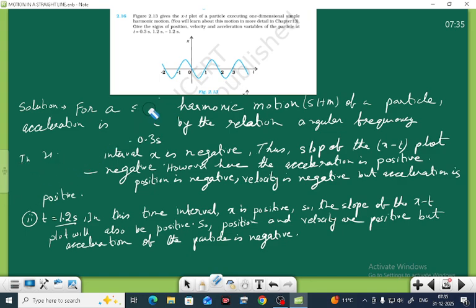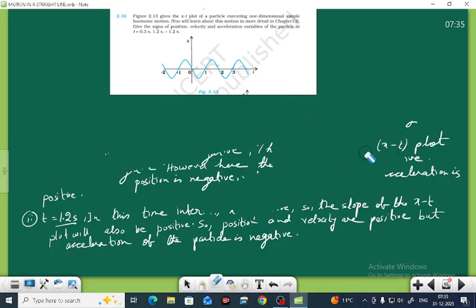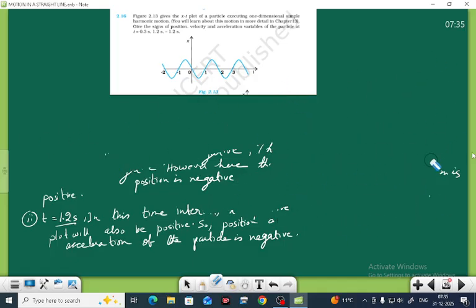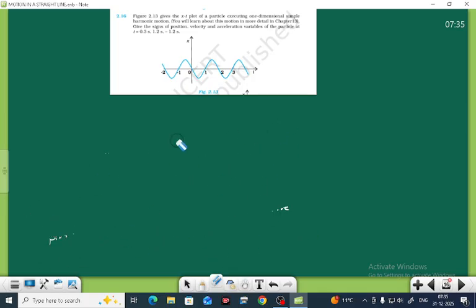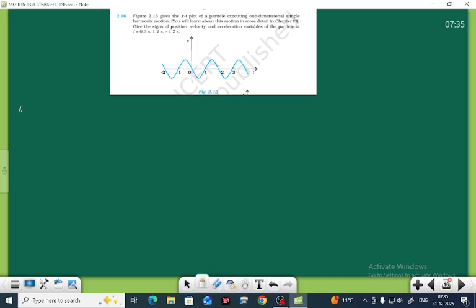At this point, number 3, at time equal to minus 1.2 second, what will happen?